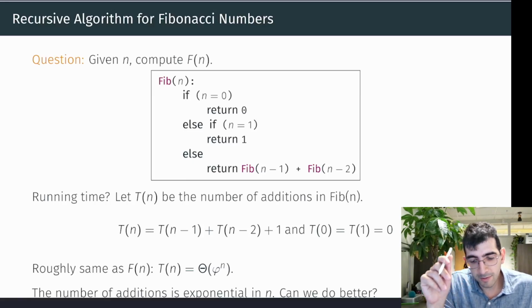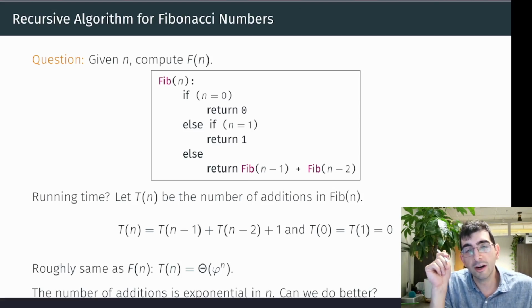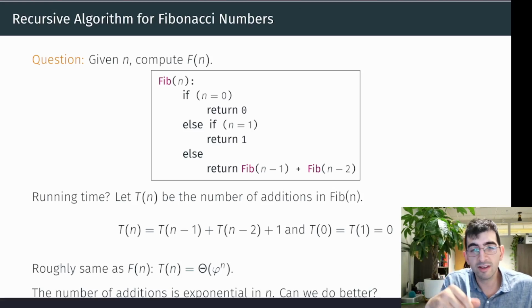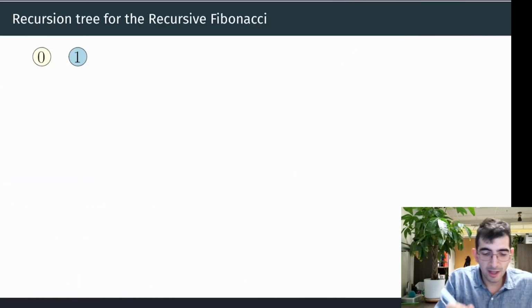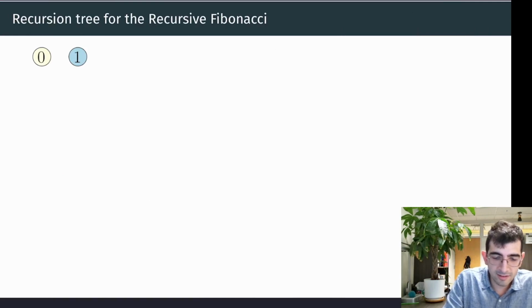In order to better compute the Fibonacci number, let's first take a look at the recursive calls that the function is actually making. If n is equal to 0, we have only one call. If n is equal to 1, the function only gets called once also.